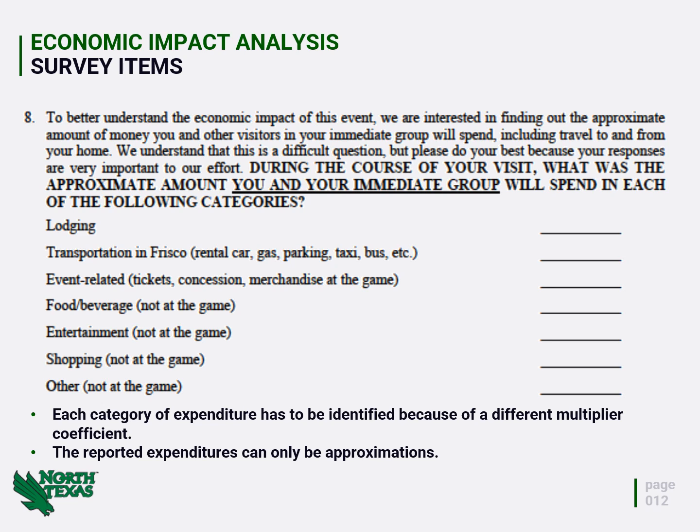Respondents may complete the questionnaire before leaving Frisco, meaning that they have to estimate the additional expenditures they are likely to spend. Please keep in mind that because of this approximation, economic impact analysis is an inexact process. The outcome of the analysis should be regarded as a best guess rather than an absolute truth.